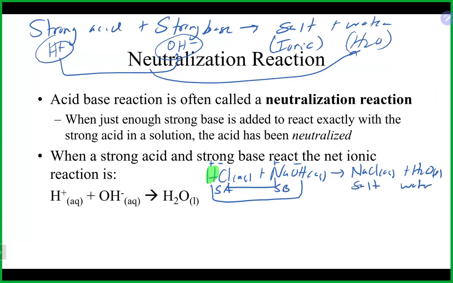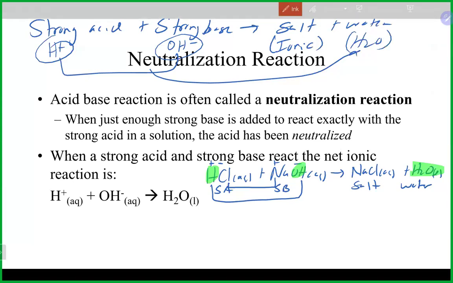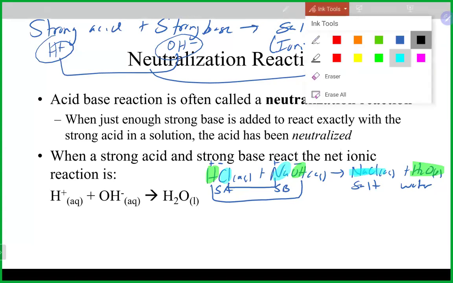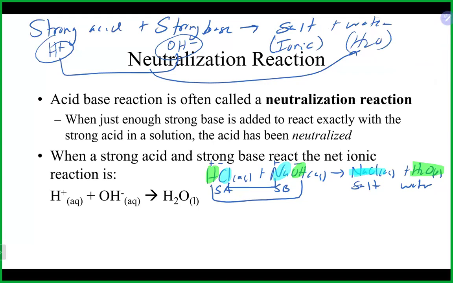The H from the acid and the OH from the base is where our water ends up. And our salt ends up as what is left over there. Our sodium ion and our chloride ion is how we get to our salt as we rearrange it. So that is our molecular equation.